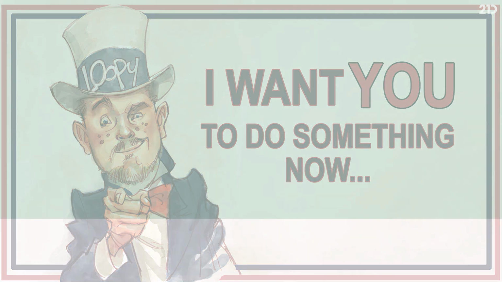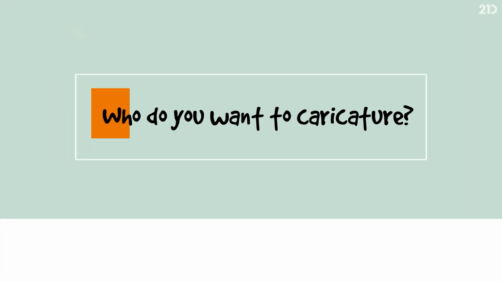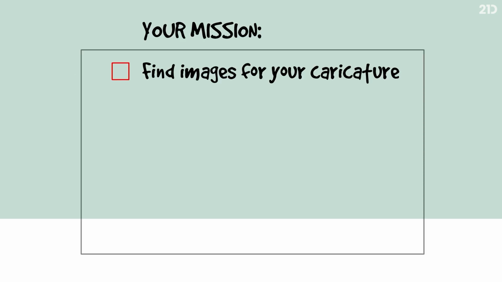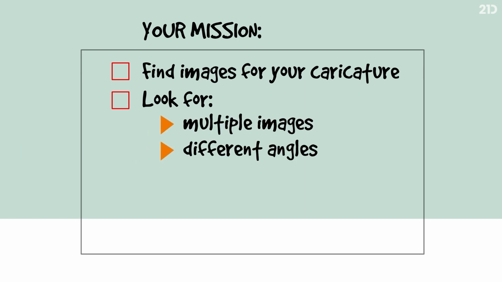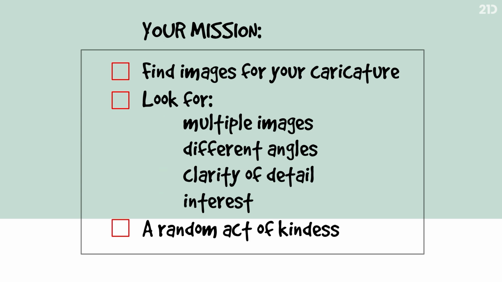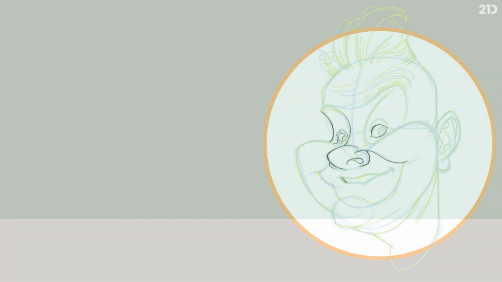Last session we ended with the task of deciding on who you would like to caricature. And yes, you guessed it, the task from this session is to find multiple images of that person or persons. Try to find interesting shots, ones from different angles, all the stuff we've just been talking about.